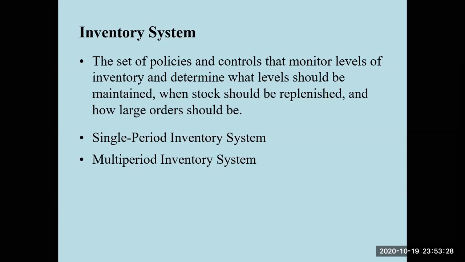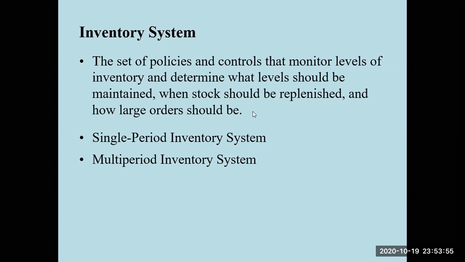Inventory system. Inventory system is the same as ordering system. Two sets of policies and controls that monitor levels of inventory and determine what levels should be maintained, when stock should be replenished, and how large orders should be.